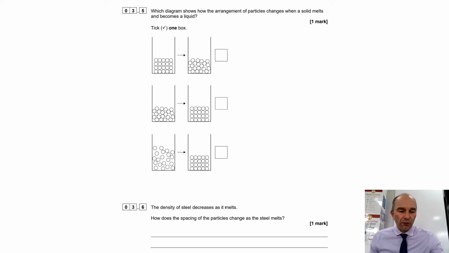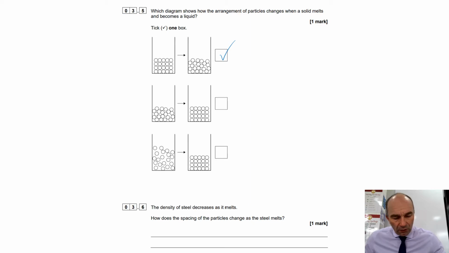Which diagram shows the arrangement of particles and how they change when a solid melts and becomes a liquid? That one, we should know that in our solid state we've got those nice neat rows and we're just becoming slightly more random arrangements, so it has to be that top box. So again, nice easy mark to get.